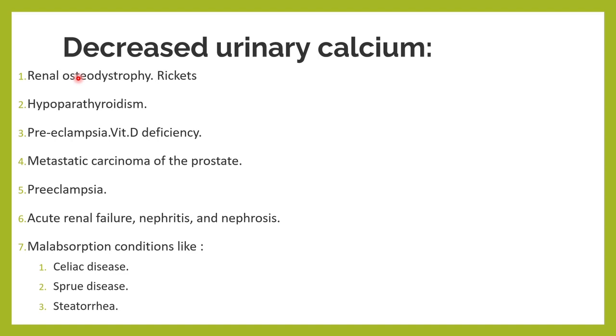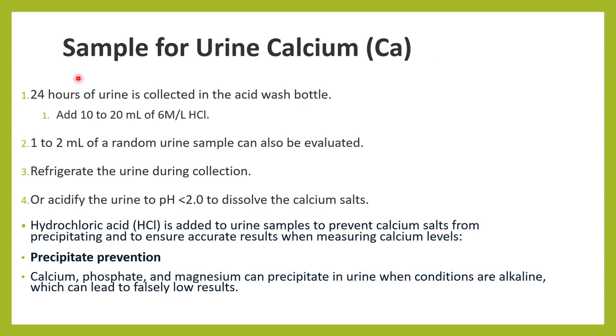The patient will not be able to absorb an adequate amount of calcium, and hence the level of calcium will be low and less calcium is excreted in the urine. In familial hypocalciuric hypercalcemia, that condition also gives you less calcium in the urine. So these were a few of the causes for hypo- as well as hypercalciuria.